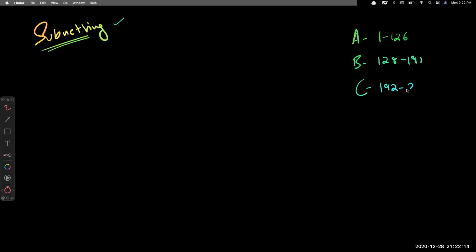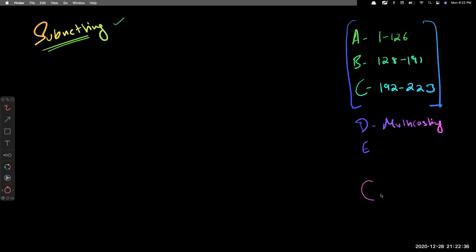So 192 to 223. Okay. So you just need to learn subnetting with A, B, C. D or E classes are actually not used with hosts, meaning you can't give D or E class to computers, because D is reserved for multicasting. So what is multicasting? You can take one example.